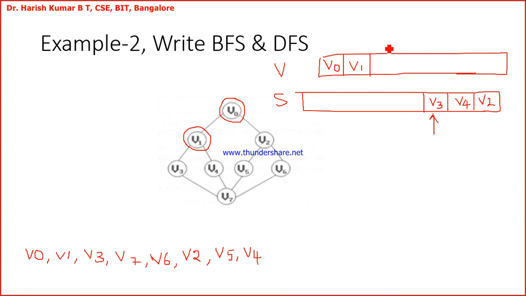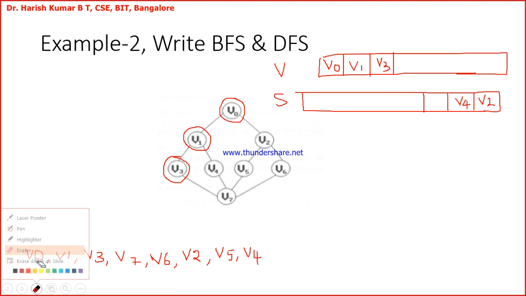this. Next node to visit is V3. Okay, so this is visited. So we are going depth wise, we can observe here. Now V3 I have to pop, and so top is pointing to this.